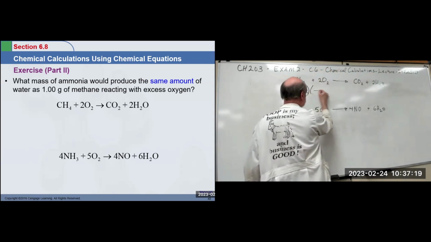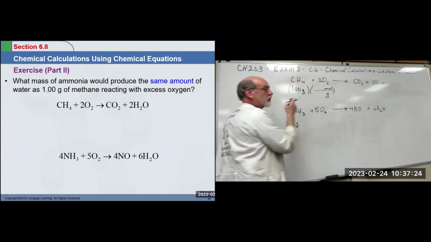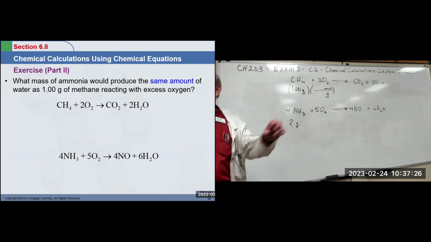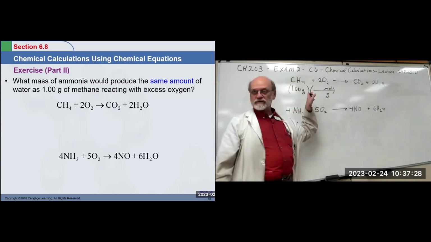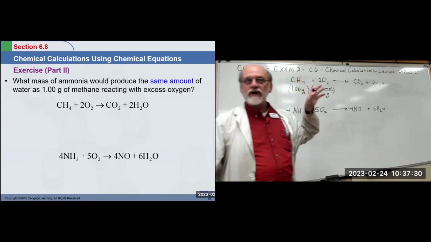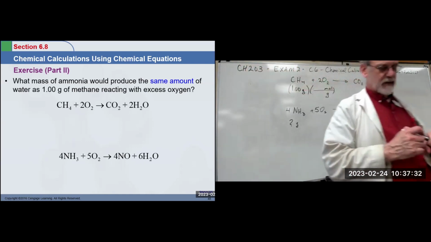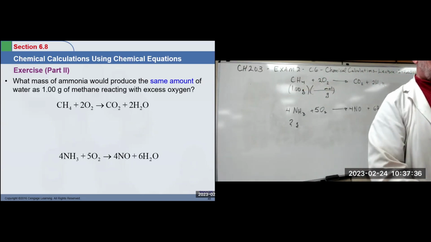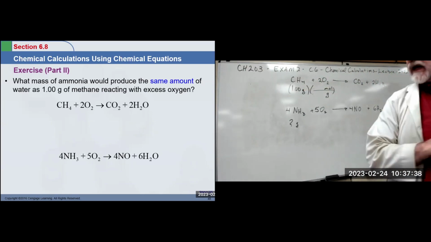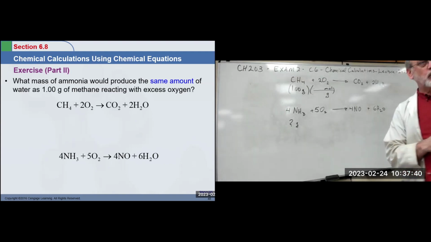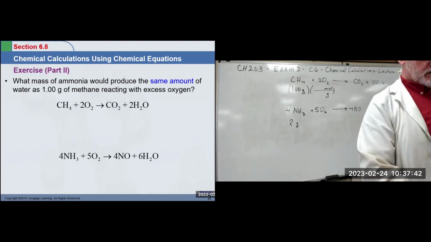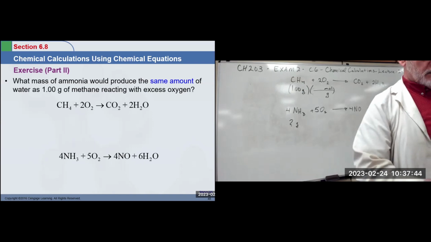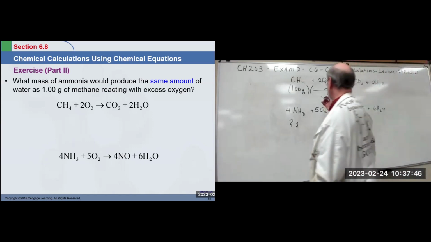Well, we need a conversion factor that will get rid of grams and leave us with moles, right? There's that quotient again, grams and moles. So what's the molar mass of methane? Well, let's see. Carbon is 12.01, and hydrogen is 1.01 times 4. So that's 16.05.